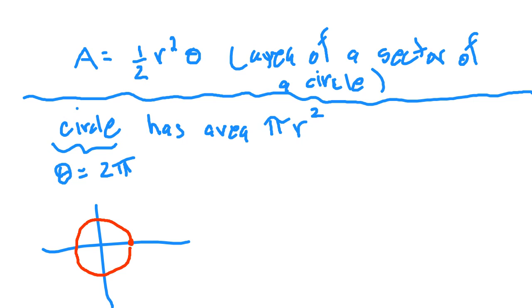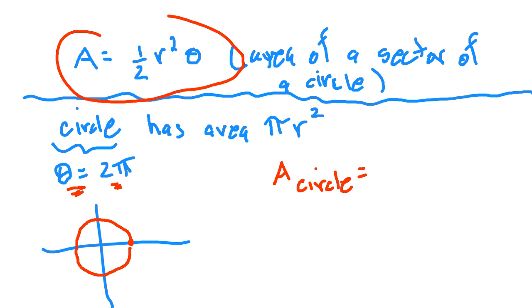So for the circle, theta is equal to 2 pi. If we use this formula, it's 1/2 times r squared times 2 pi, and that gets you pi r squared.